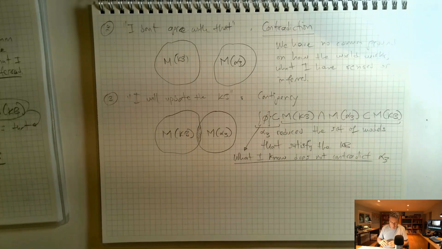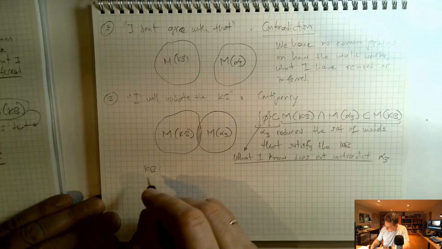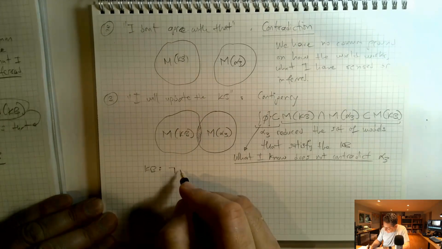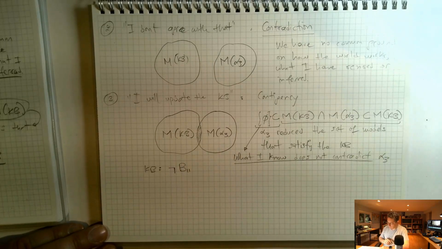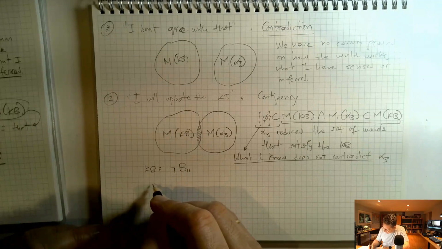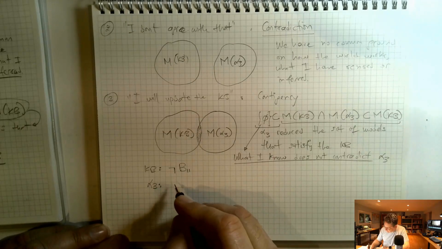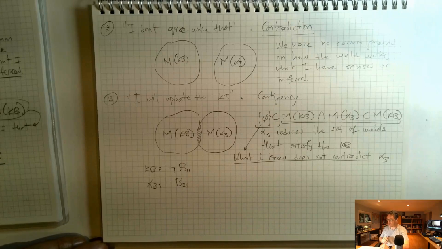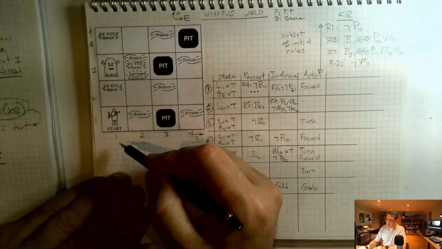So let's try to provide a couple of examples here. Just one example, in fact. In the Wumpus world, we saw that the knowledge base at some point has this kind of negation, that there is no breeze in location 1,1. And suddenly the sentence A3 comes in, and the sentence A3 says that there is a breeze in 2,1. If you go back to the Wumpus world video, you can see that this is the case for the world that we have already specified.